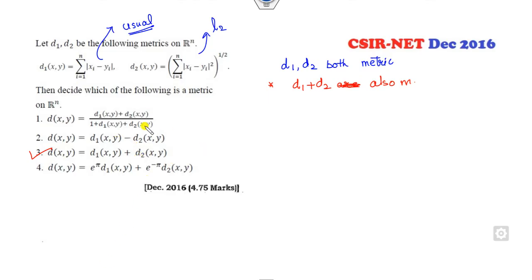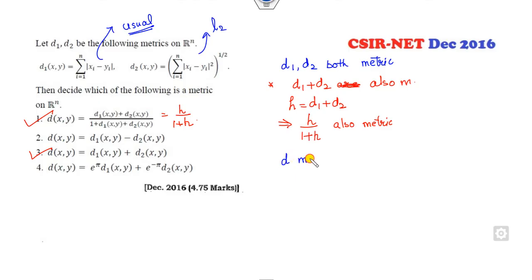Difference we will see. Now you can see, if I consider H as this, what does it mean? I already said H over 1 plus H is also a metric. So if you look at the first option, if I call this H, then this 1 plus H is also a metric. I also gave you the shortcut trick.